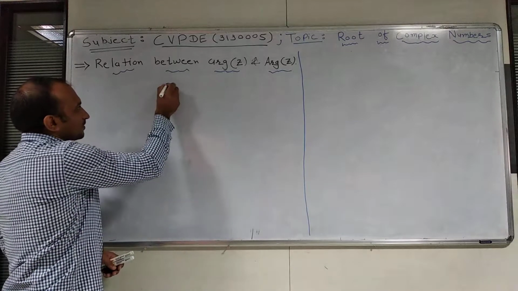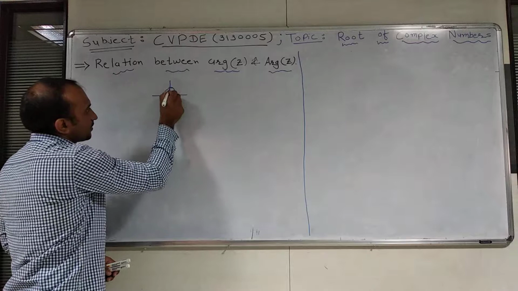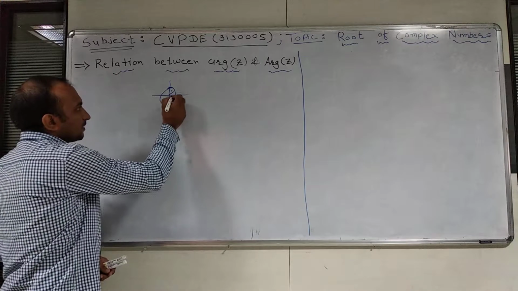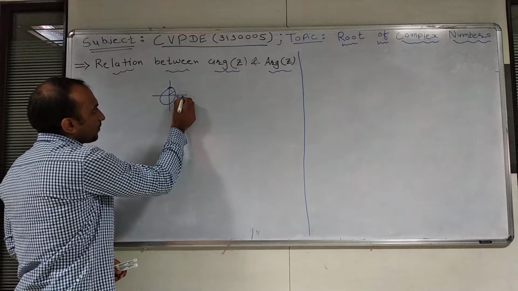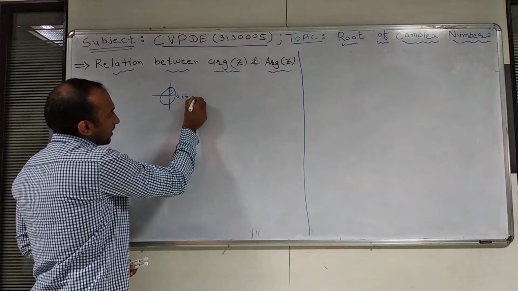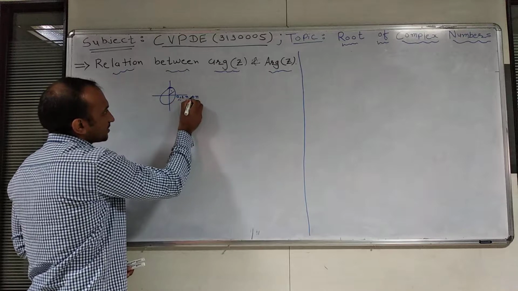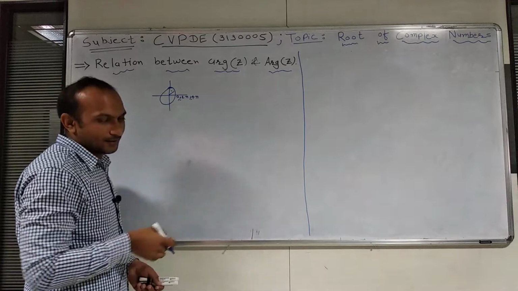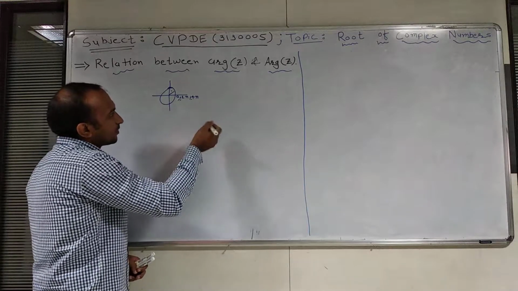Now if we draw a unit circle, the radius is 1. Here the angle is 0. If we rotate, this is 2 pi, then 4 pi, and it can be plus or minus, because clockwise gives a negative angle and anti-clockwise gives a positive angle.